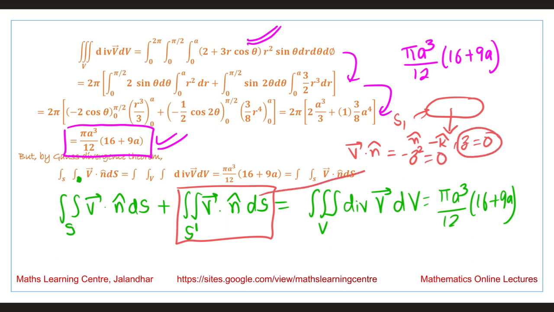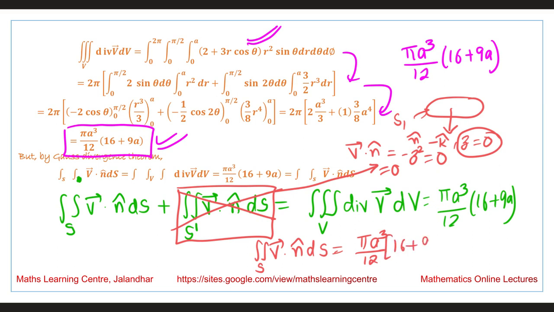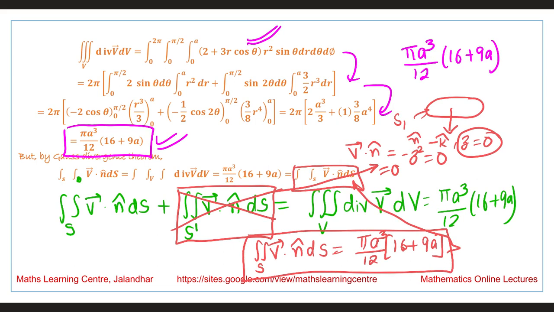So the value of this integral is 0. So we obtain that the value of the double integral over S of v vector dot n cap into ds is equal to pi a cube by 12 into 16 plus 9a, and this is the required integral. This is the integral that we have to evaluate.